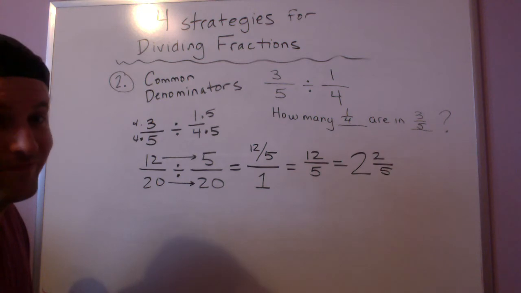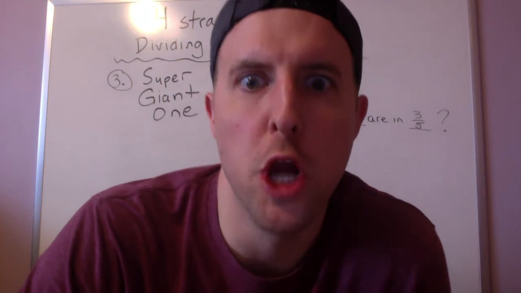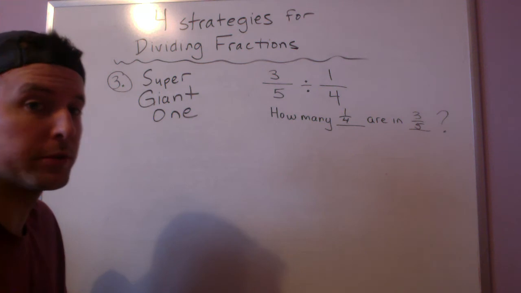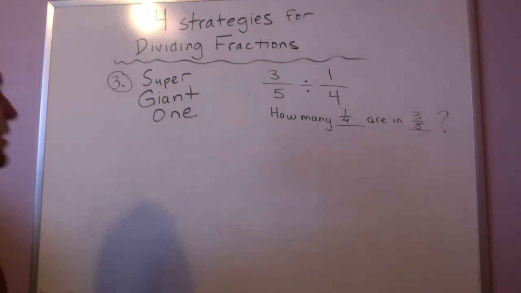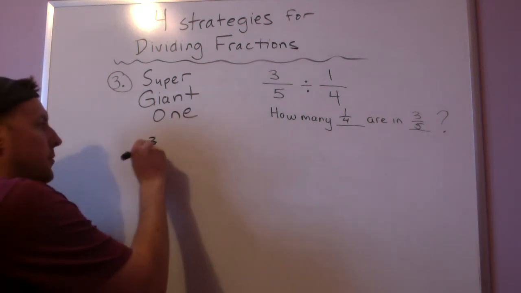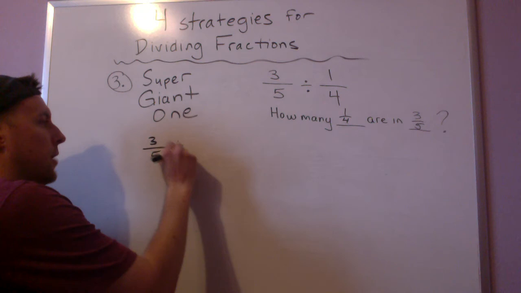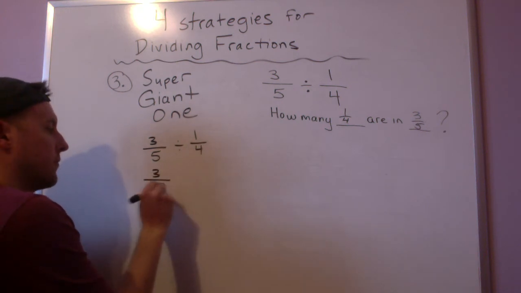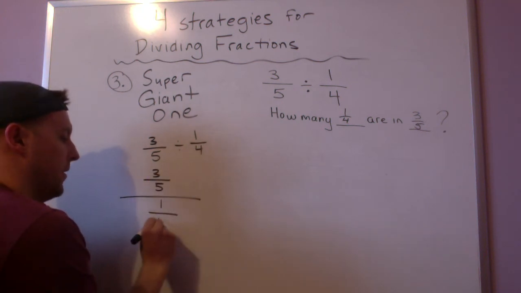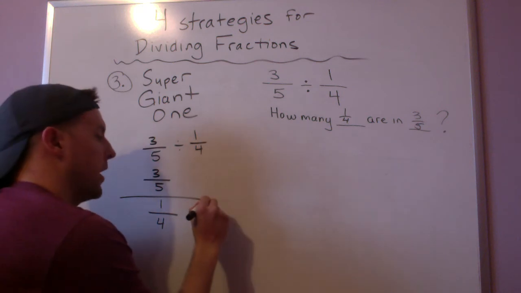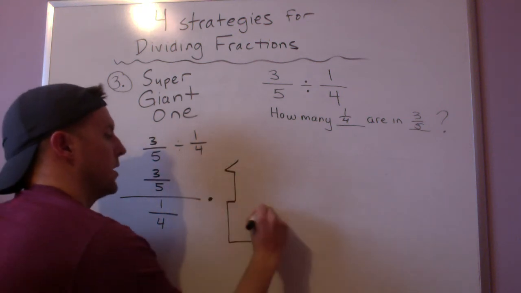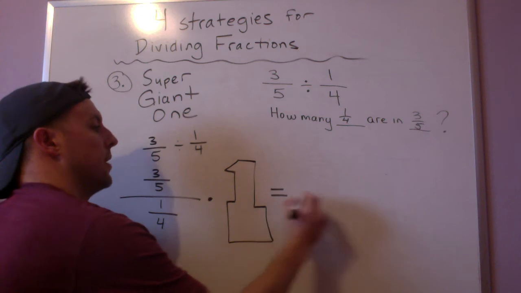Number 3, the supergiant one. So if I have this problem, 3/5 divided by 1/4, remember I can write it as a super fraction. Now, what could I multiply that by inside of a supergiant 1 to get my denominator to be 1? Remember we learned last lesson about the reciprocal.